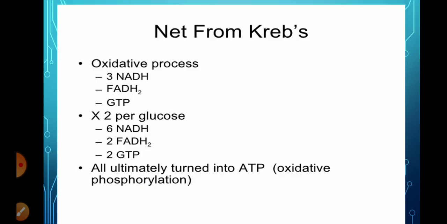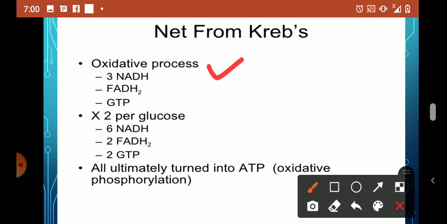So what is the net we get from the Krebs cycle? What is its importance? In the oxidative process, in the Krebs cycle, we get 3 NADH, 1 FADH2, and 1 GTP. But per glucose it has to be repeated twice. So if we multiply by two, we get 6 NADH, 2 FADH2, and 2 GTP.